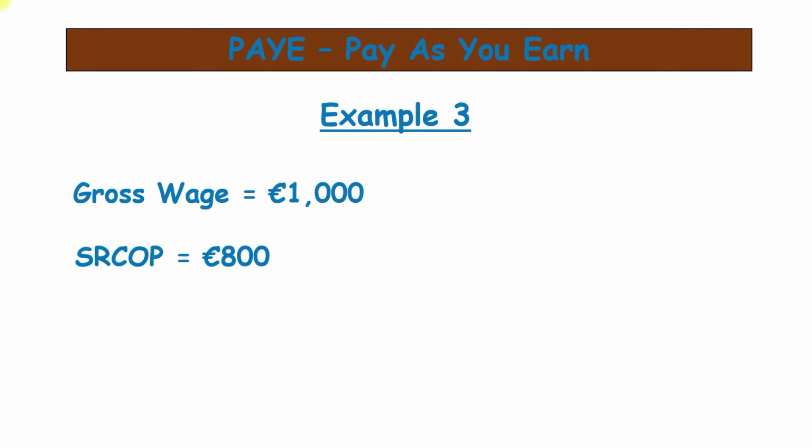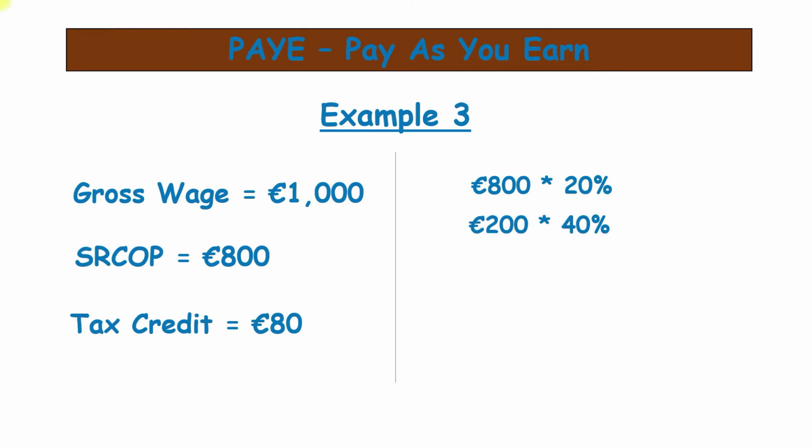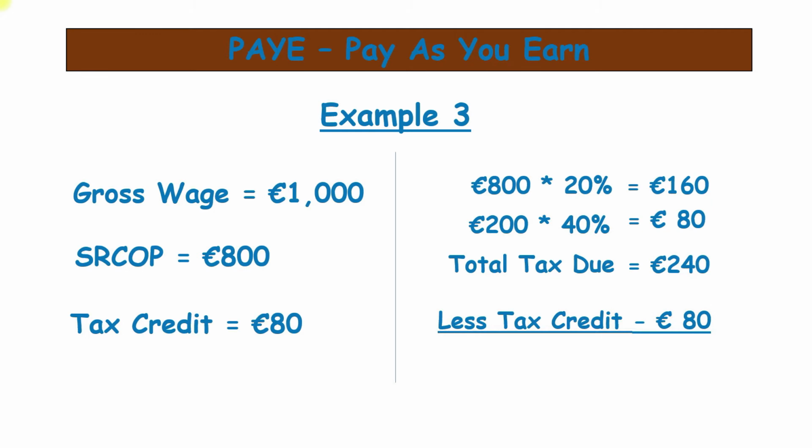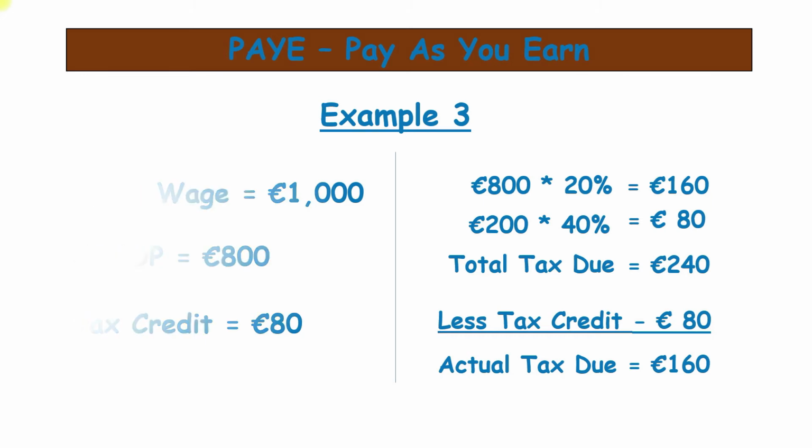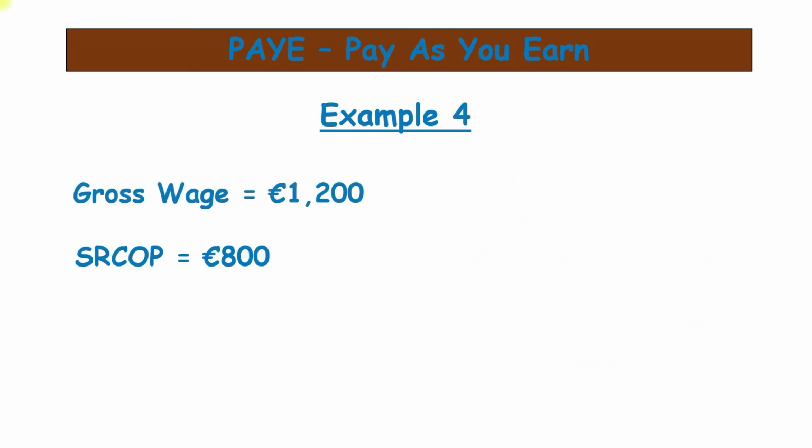To demonstrate the tax credit, we will first calculate the PAYE due on a gross of $1,000 with an SYOB of $800. This comes to $240. We then subtract the tax credit of $80, and this leaves us with a final payout of $160. Example 4 shows a similar calculation with a higher gross of $1,200.